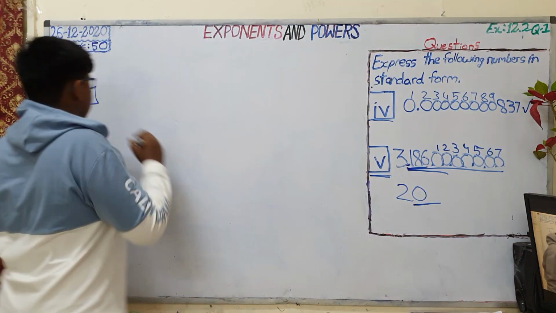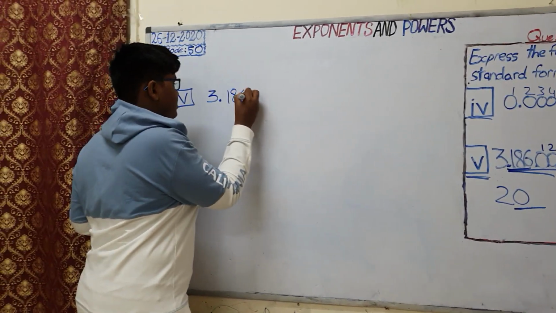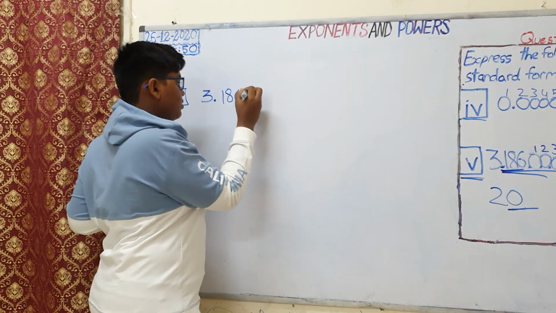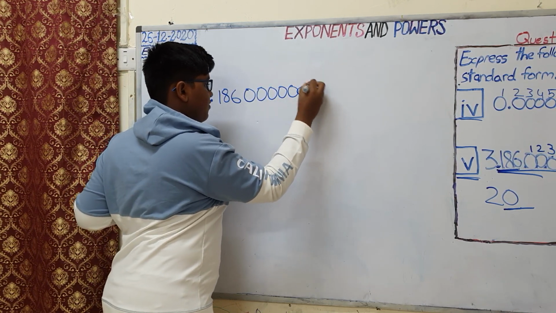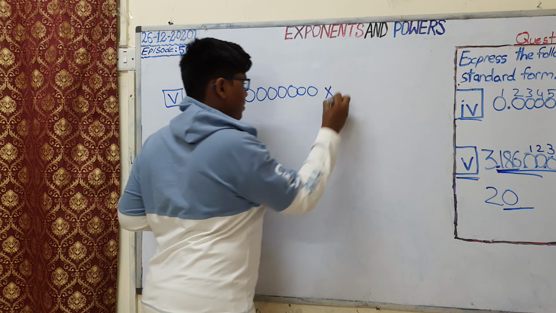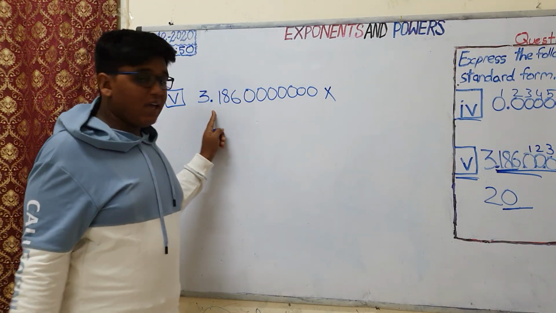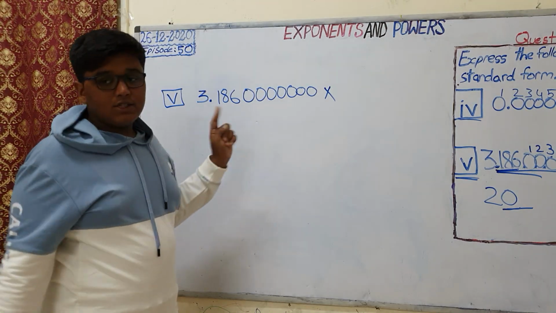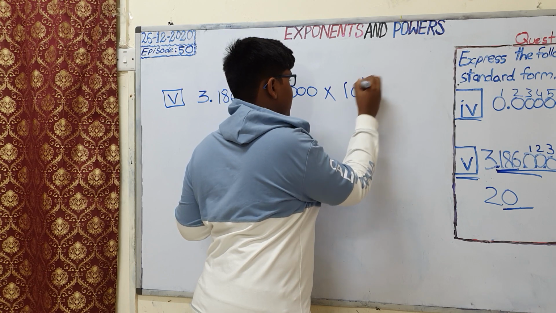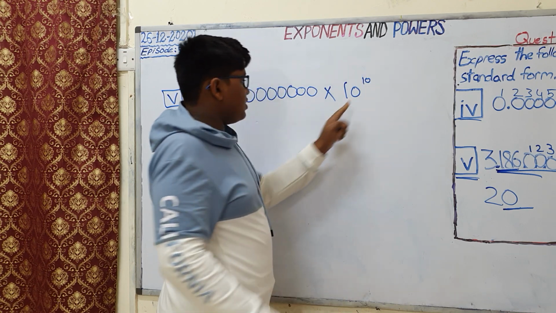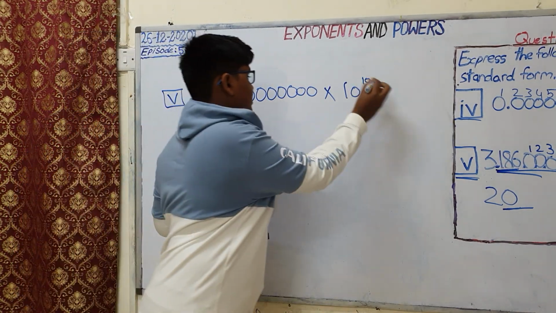So 3.186, then write all the 7 zeros: 1, 2, 3, 4, 5, 6, 7, into. Now after the decimal point we have 10 digits. So we'll write 10 raised to the power 10, because here we have 10 digits after the point, that's why we wrote the power as 10.